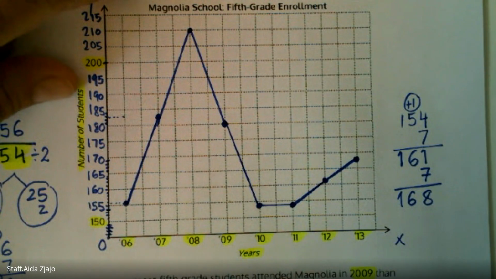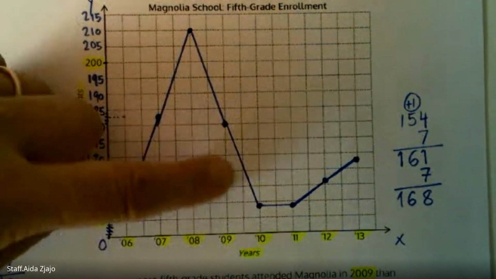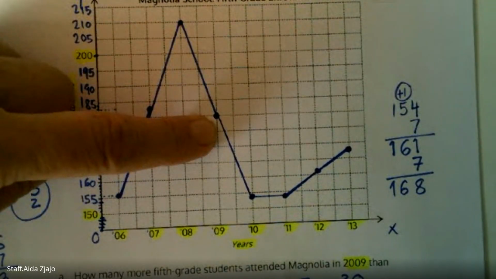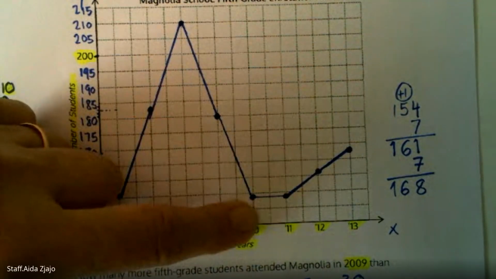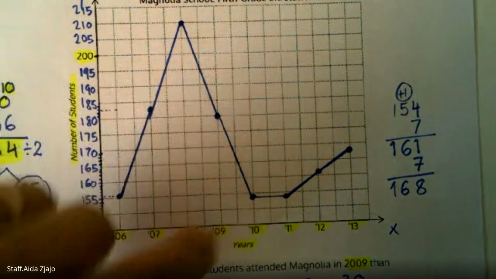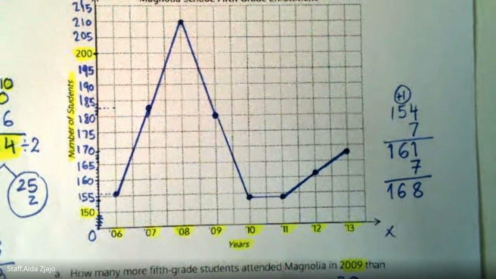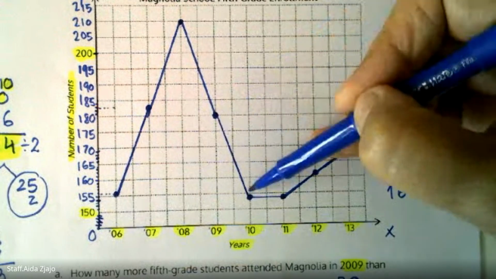from 2008 to 2009. Okay, and then 2010. So from 2008 to 9, so 2009 and 2010.